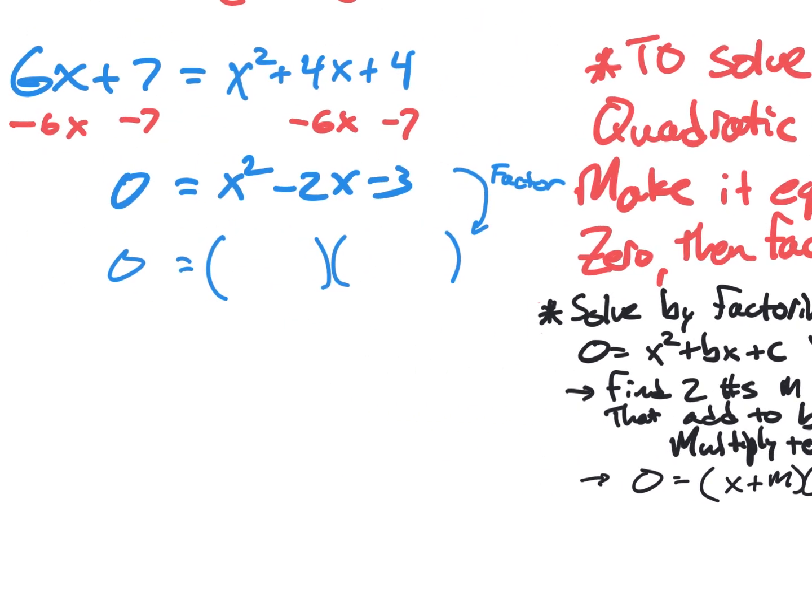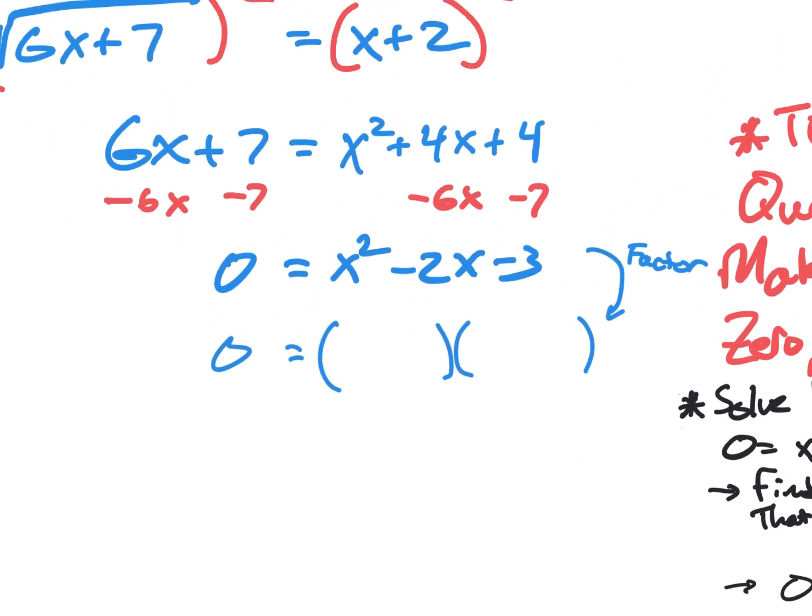Okay. So factoring. Are there two numbers that add to -2 and multiply to -3? Well, we think about numbers that multiply to -3. We've got 1 times 3. That's it, right? So we know that this is going to be a 1 and a 3. Now, it needs to multiply to -3, so we have a couple options.